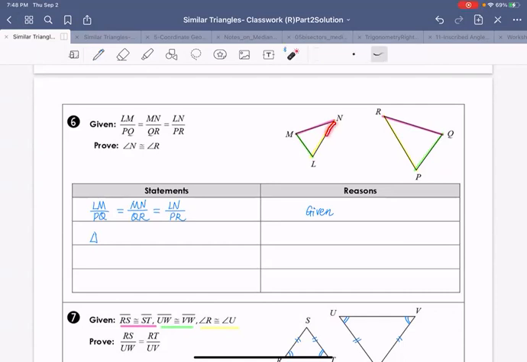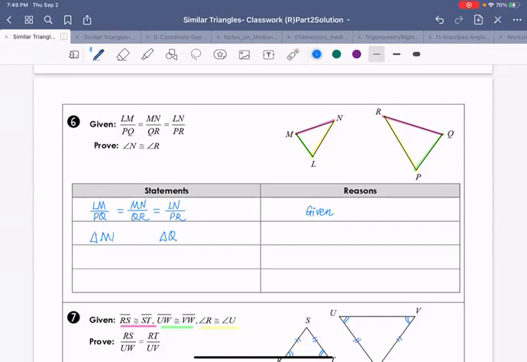The reason I mark this as yellow and pink and green is because look, LM to PQ both green, MN, QR both pink, LN, PR both yellow. When we mark those colors correspondingly, their opposite angle is going to be the corresponding angle. So if you want to start with M, you have to look for Q. Makes sense? Yellow opposite angle, M, Q.